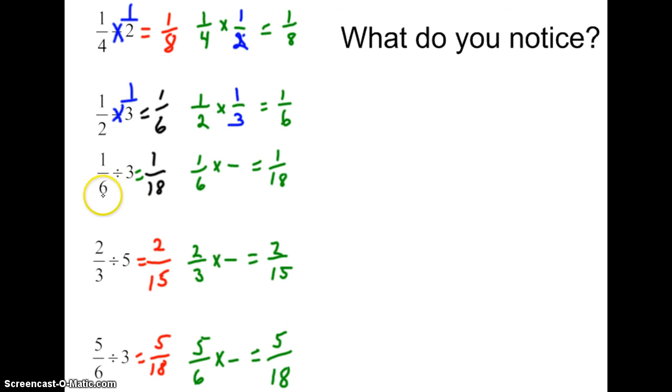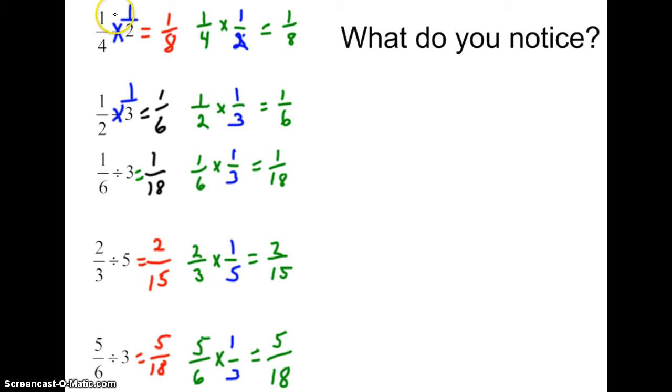So based on this pattern, 1/6 times the reciprocal of 3, which is 1/3, would equal 1/18, and it does. 2/3 times the reciprocal of 5, which would be 1/5, is 2/15, and that checks. 5/6 multiplied by the reciprocal of 3 is 5/18. Well, the reciprocal of 3 is 1/3.